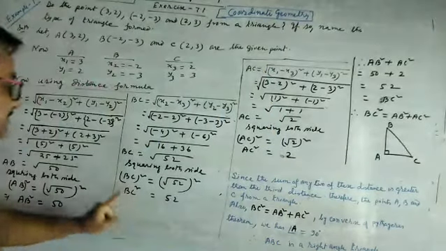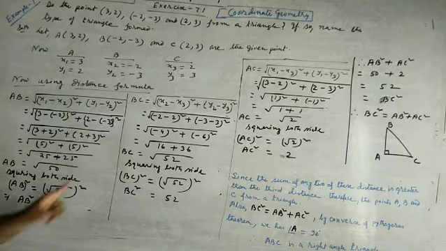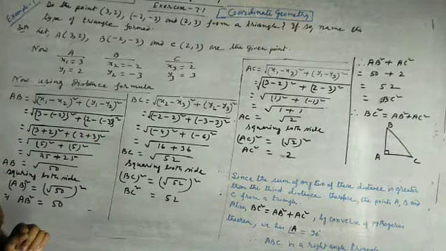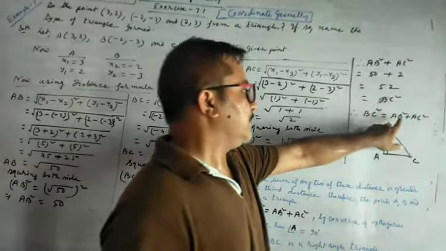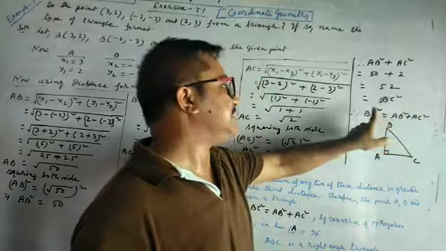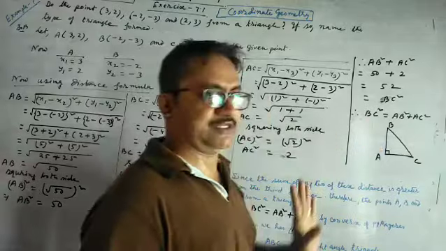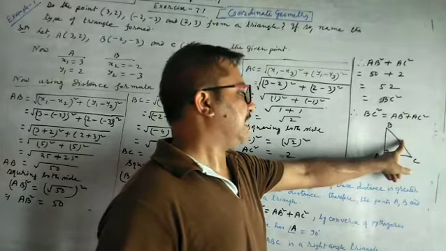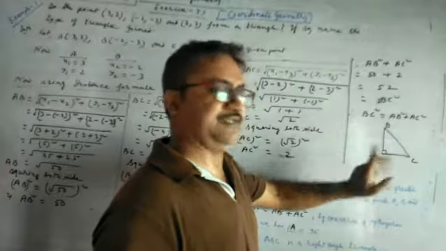So that is, BC square is equal to AB square plus AC square. According to the converse theorem of Pythagoras, if the sum of the squares of two sides is equal to the square of the third side, then the greater side is the hypotenuse. The opposite angle of the hypotenuse is 90 degrees.